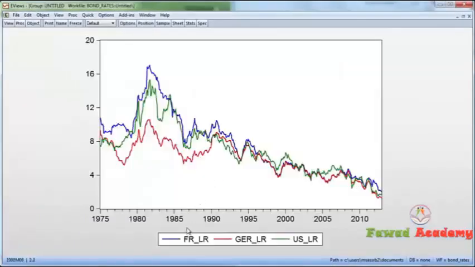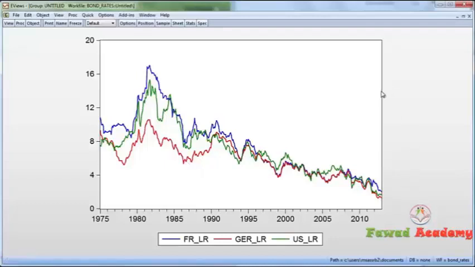And here you can see the series, and what you can see is that they generally move together, especially in the latter part of the series. In the 80s there was a period where they didn't move that closely together, although the general tendency still matched more or less.